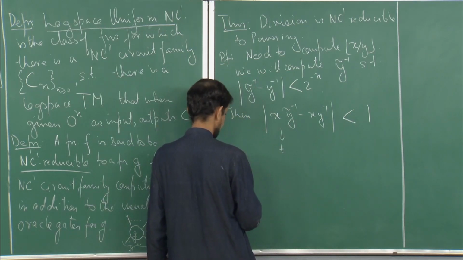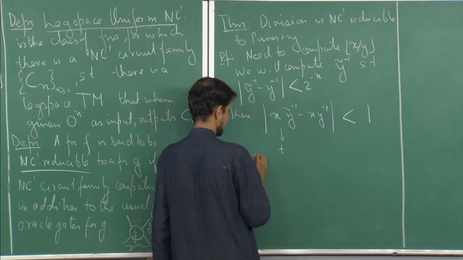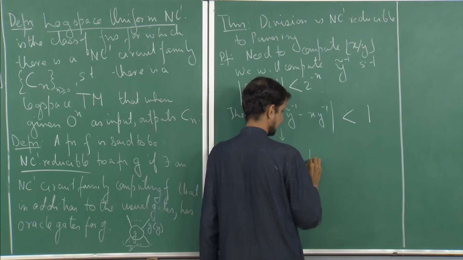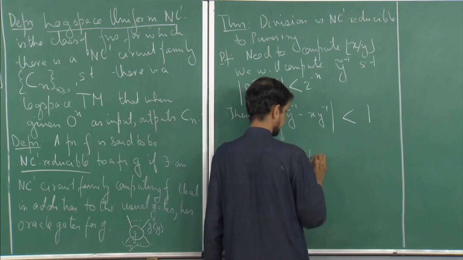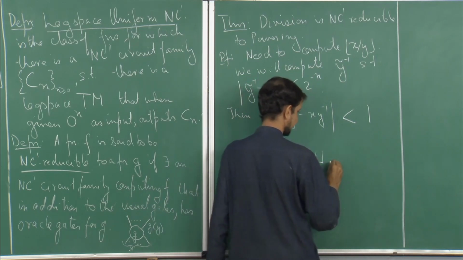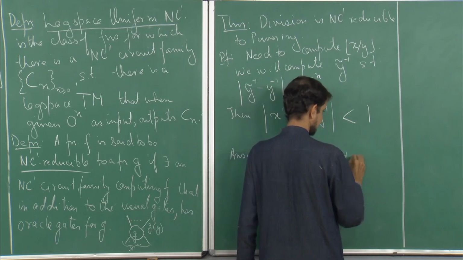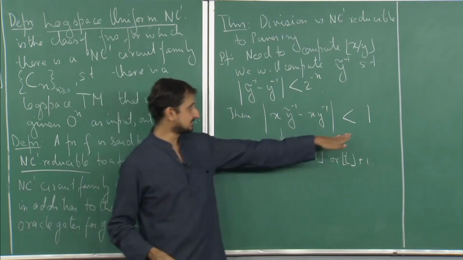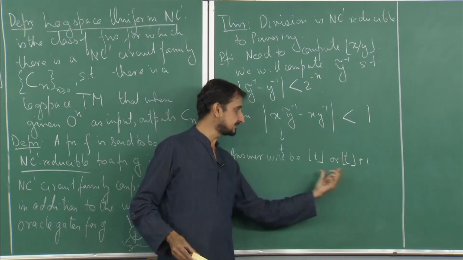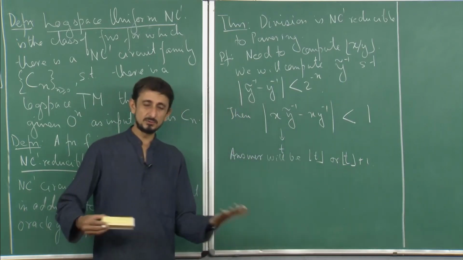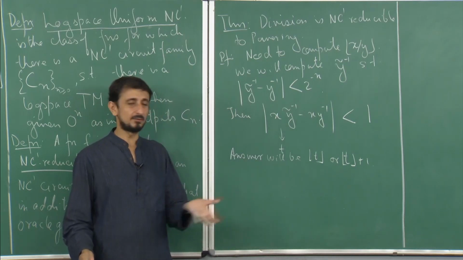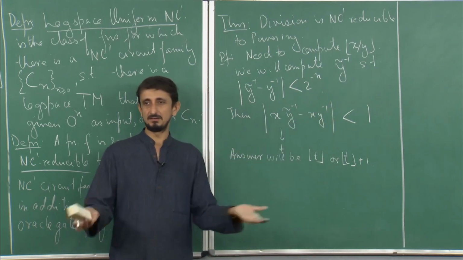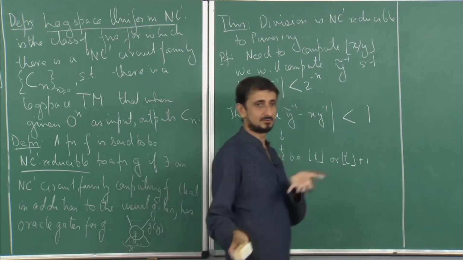So, the answer will be either the floor of t or it will be t plus 1, okay, because the actual answer is at most a difference of 1. So, either it is this quantity or this quantity, and which one it is we can easily check. We can just multiply both these quantities with y and check the difference from x, that should be less than 1.